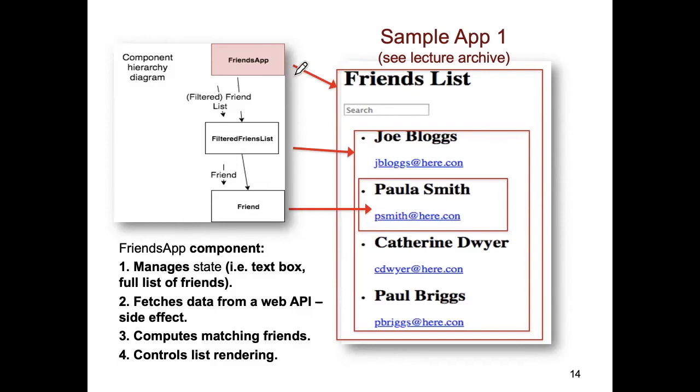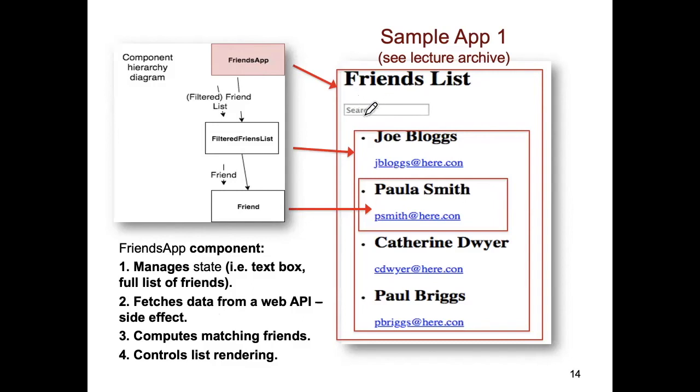But critically, the component at the top is stateful and the other two are stateless. And the state in this case comprises two parts, which I'm saying down here. One part of the state is the full list of friends that have been returned by the web API. And the second part of the state is the current contents of the text box.